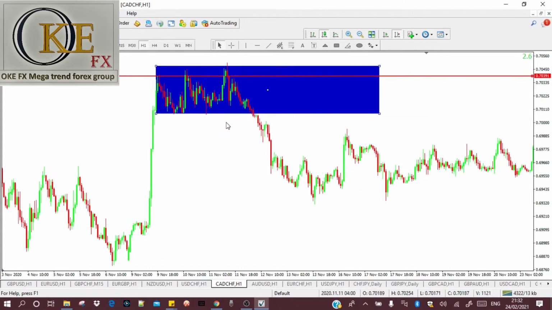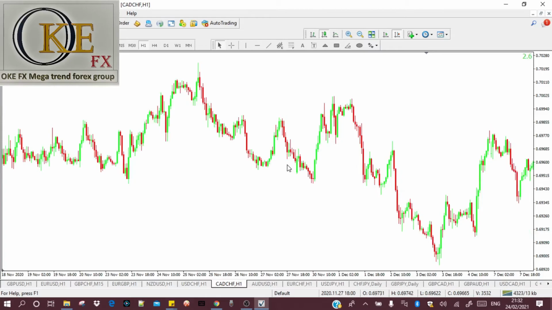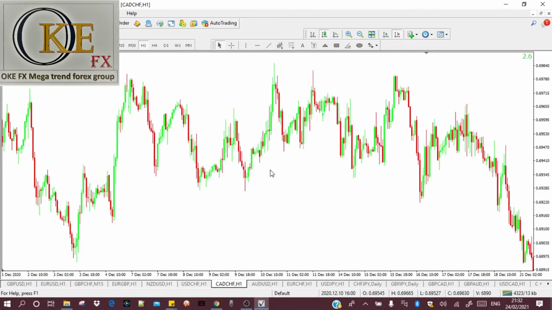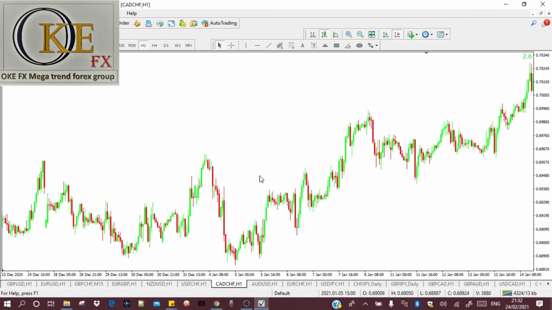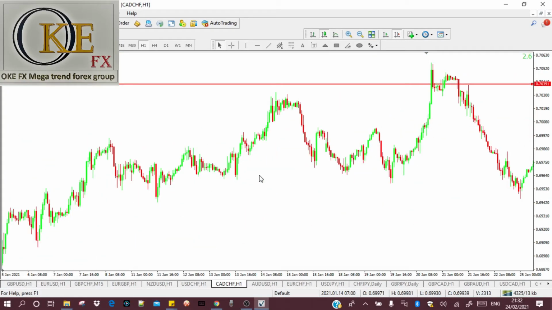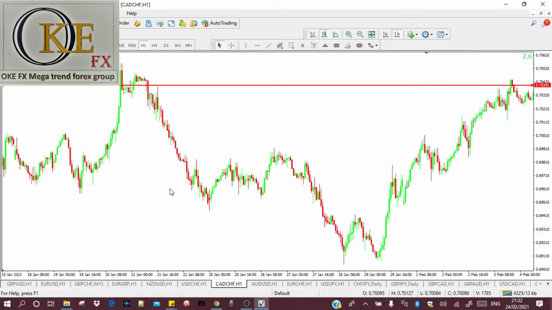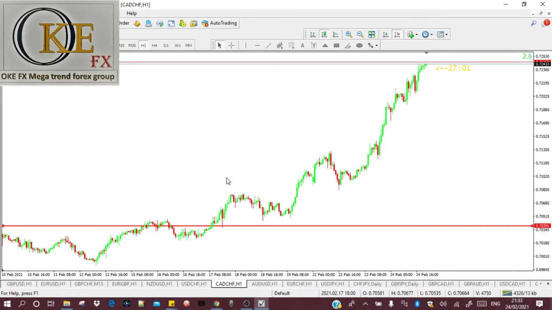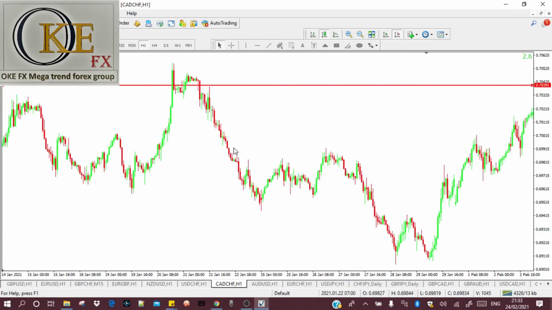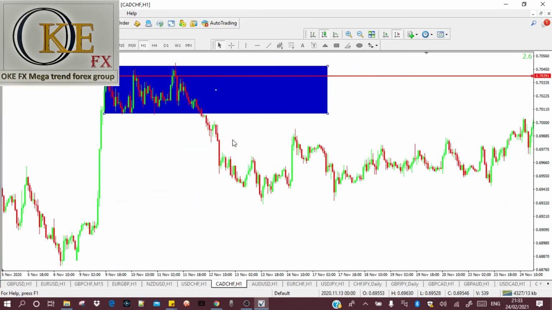So treating support and resistance as a zone, as an area on your chart, is far better than just treating it as a line. You really need to allow this to sink deep into you, because if it doesn't, believe me, it's really going to get you burnt.